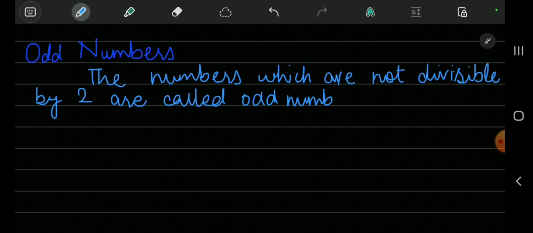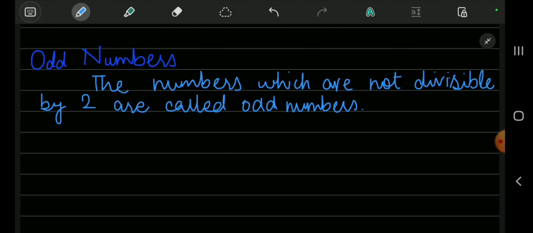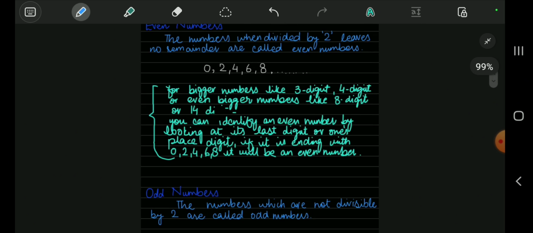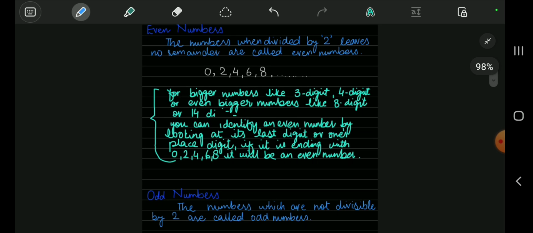Or if I tell you in terms of the previous definition, the numbers that, when divided by 2, leave a remainder, are odd numbers.